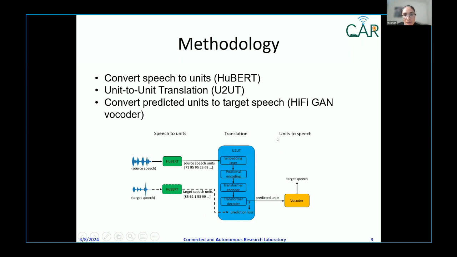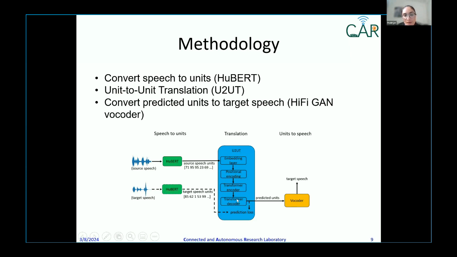Now, the final step: because we want the speech, we convert these predicted units into speech. For that, we use a pre-trained model called a vocoder, whose purpose is basically to convert these units to speech. What I want to highlight here is that during the training phase, we convert both target and source speech into discrete units first, and we train the model.